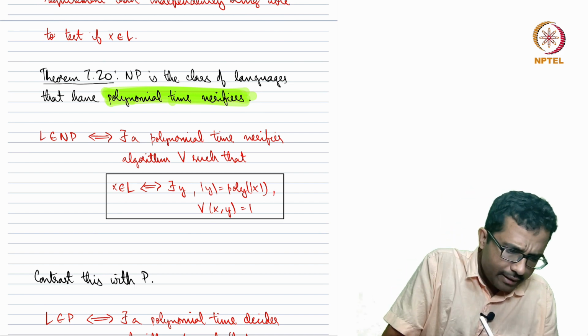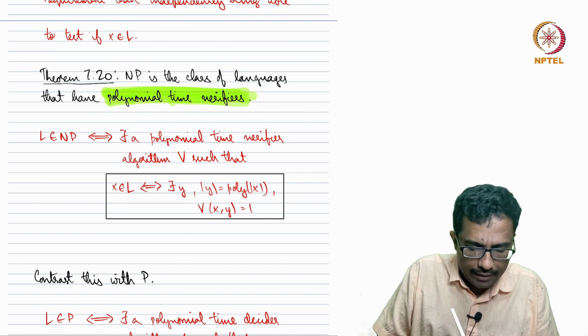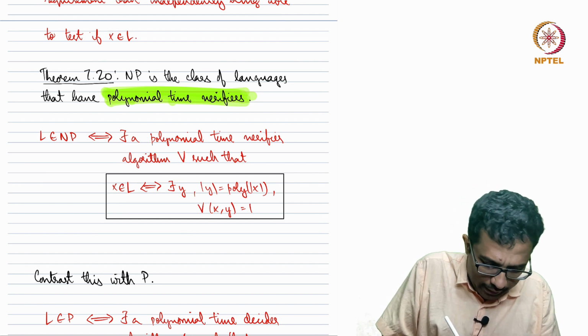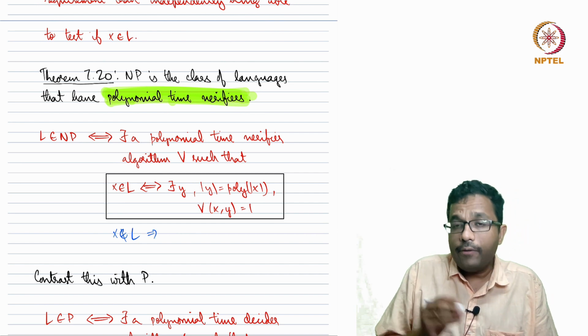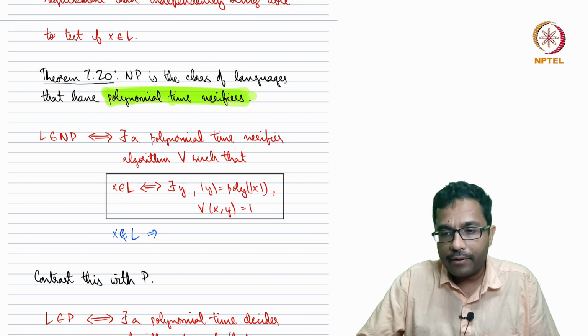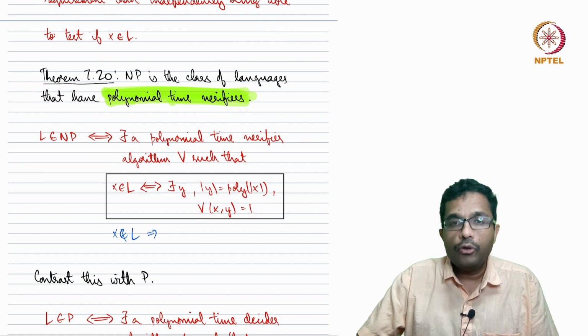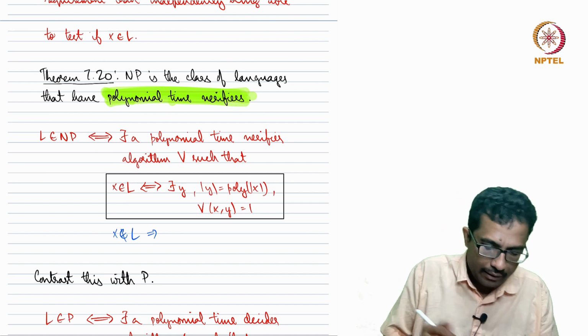So just to understand, what is the negation of this? If x is in the language, this is the case. If x is not in the language, for example if a graph is 3 colorable, there should exist a proper 3 coloring. If the graph is not 3 colorable, no matter what 3 coloring you try, none of them will be a proper 3 coloring, right?